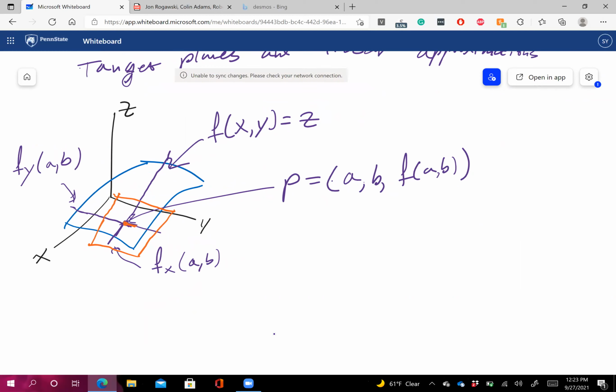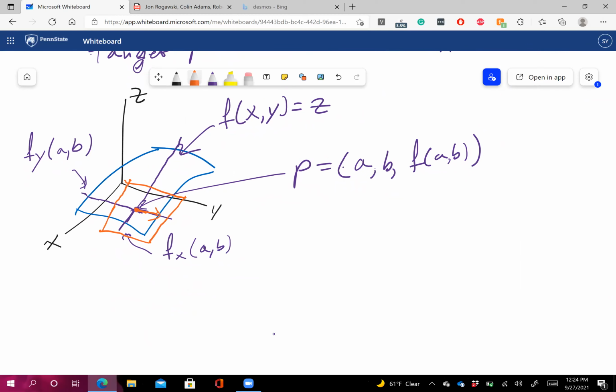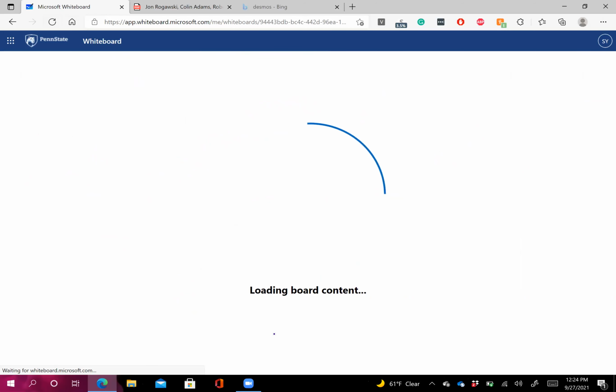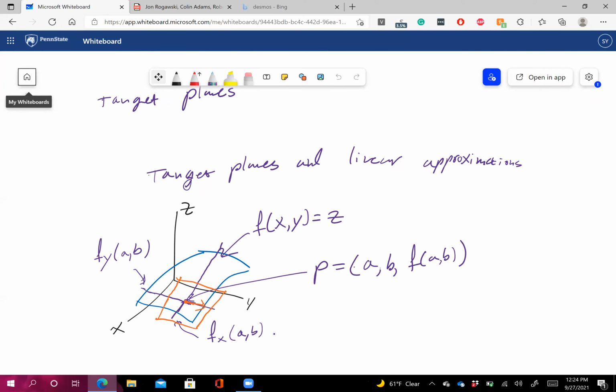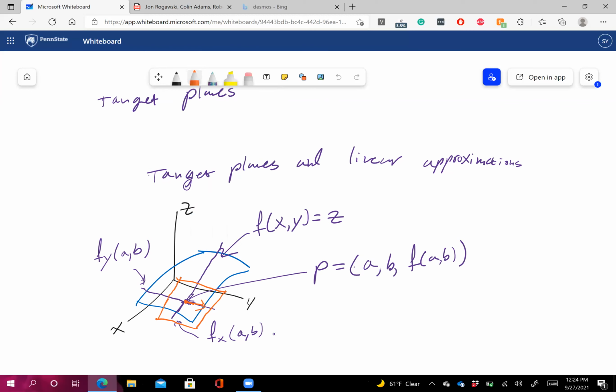One of the vectors will be this vector over here, and the other vector is going to be this vector over here, some vector going like that.